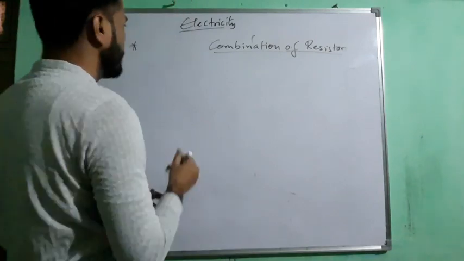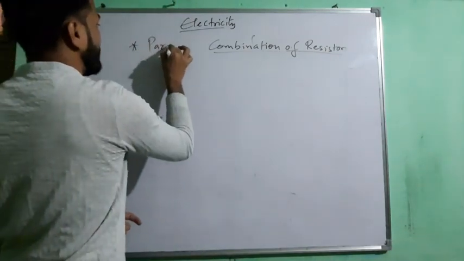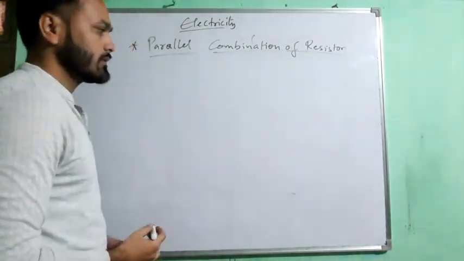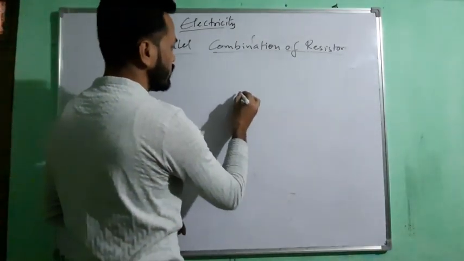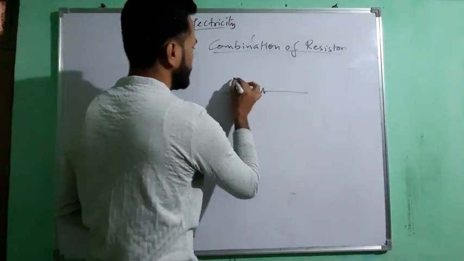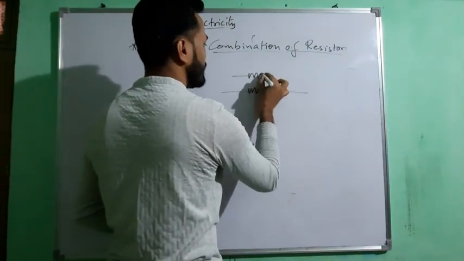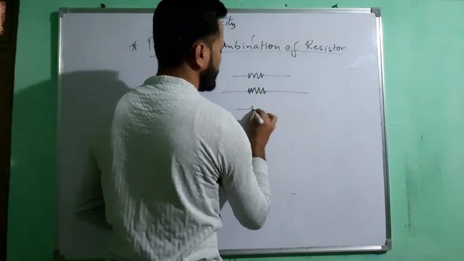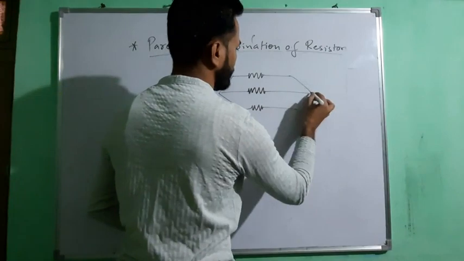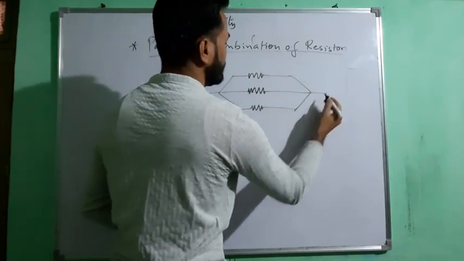See, the next point is parallel combination of resistors. Parallel in the sense, in what way they are connected. This is one, this is another, and a third we will take. This is called parallel.